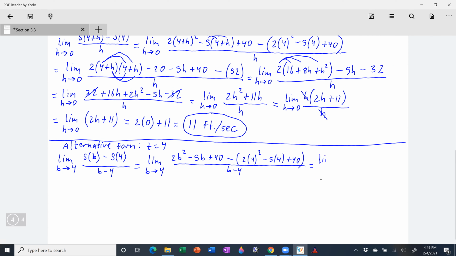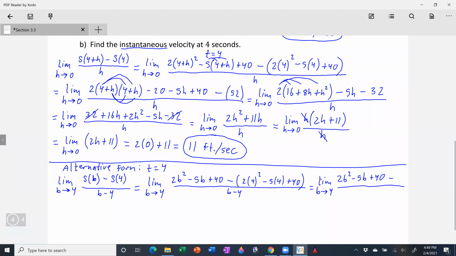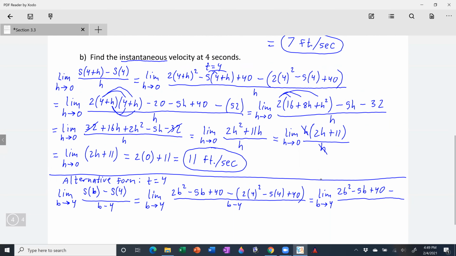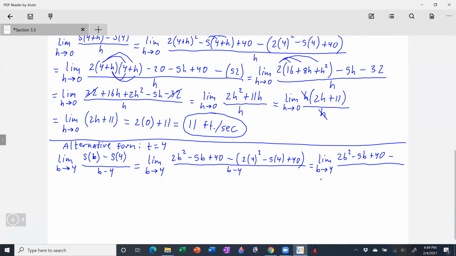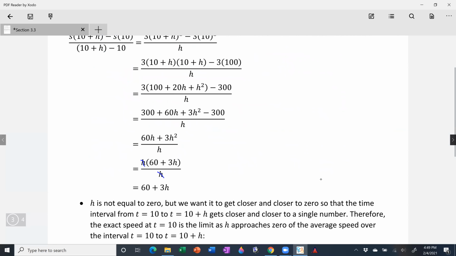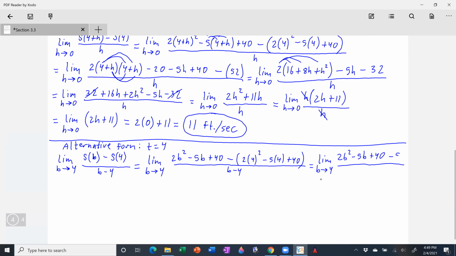Okay, equals limit as b approaches 4. So again, this stuff kind of just stays the same, 2b squared minus 5b plus 40, and then minus, okay, and then this whole thing, the s of 4, you could work that all out again, but I think that was 52. Yeah, we did that a few times in the past. So that whole stuff comes out 52.